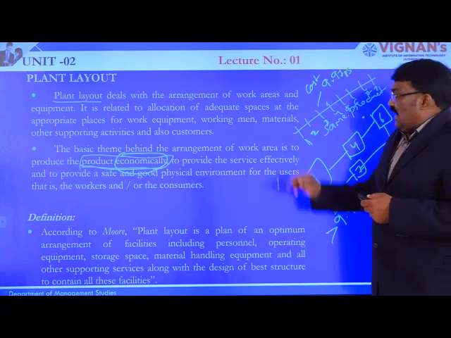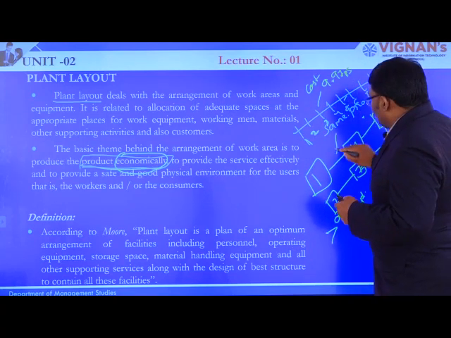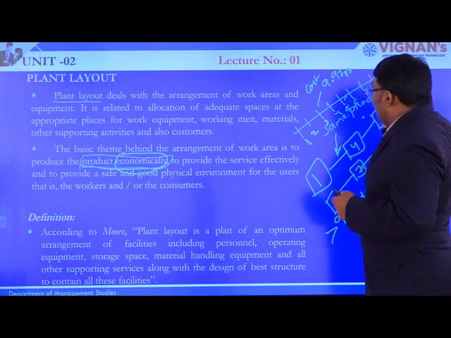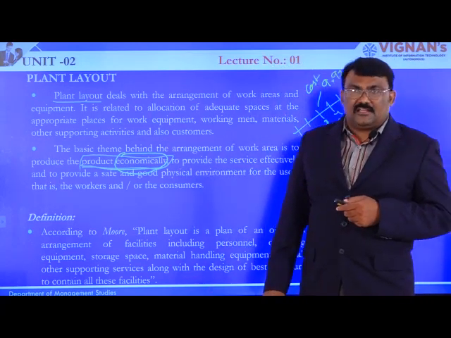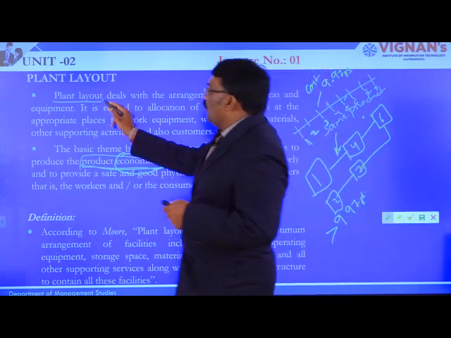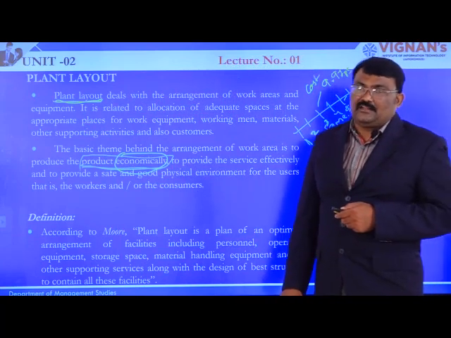So, at any given point of time, instead of using this layout, if I use that layout for the same product, I cannot produce the product economically. So, the importance of layout is to produce the product economically.